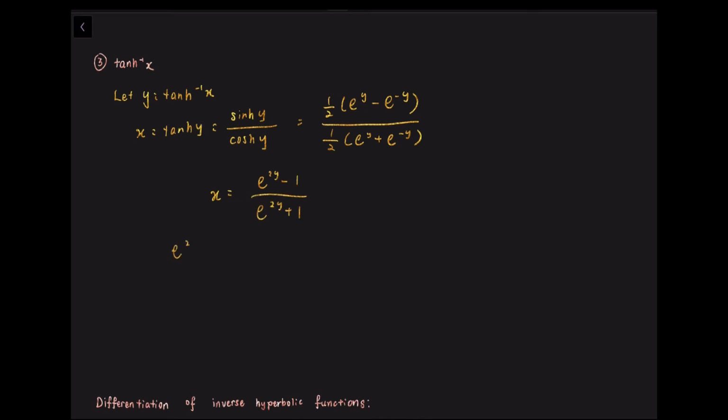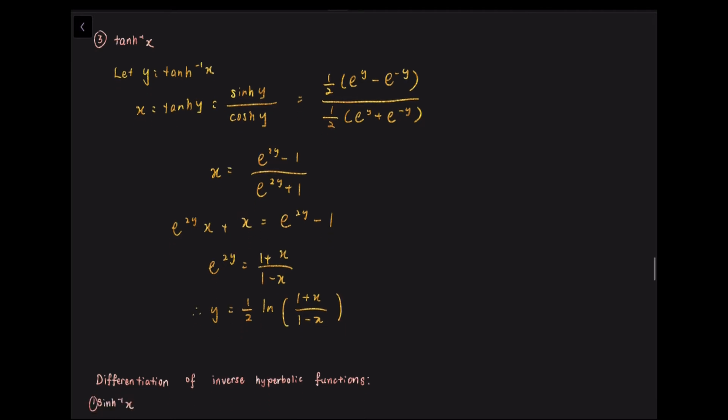Then we cancel out the 1 over 2 and express e to the 2y with respect to x. So y equals 1 over 2 ln of 1 plus x over 1 minus x, where y equals inverse tanh x.